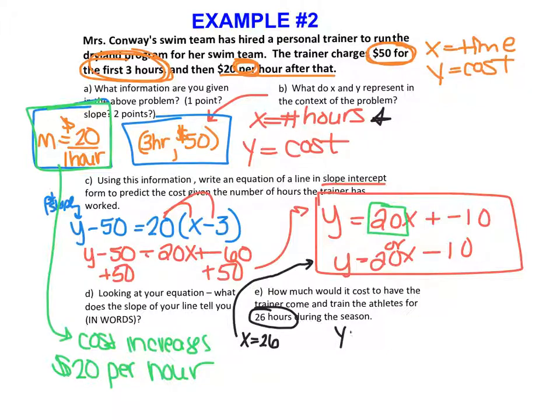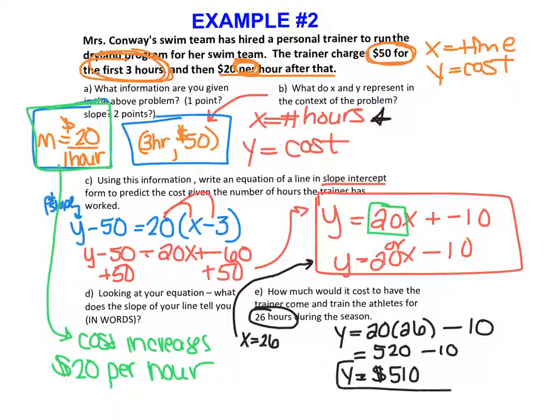So I have y is equal to 20 times 26 minus 10. So 20 times 26 is 520. Minus the 10 tells us that our cost, if we do 26 hours of dry land throughout the season, will be $510.